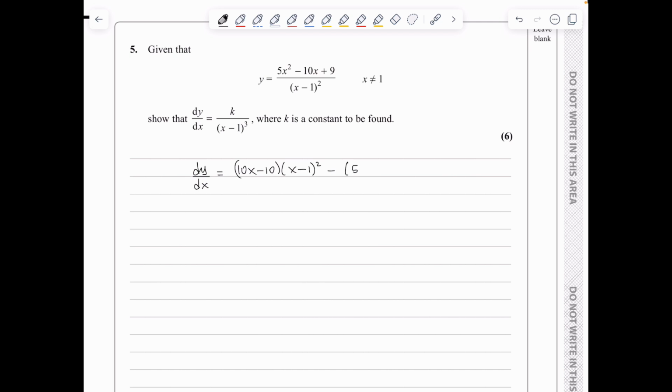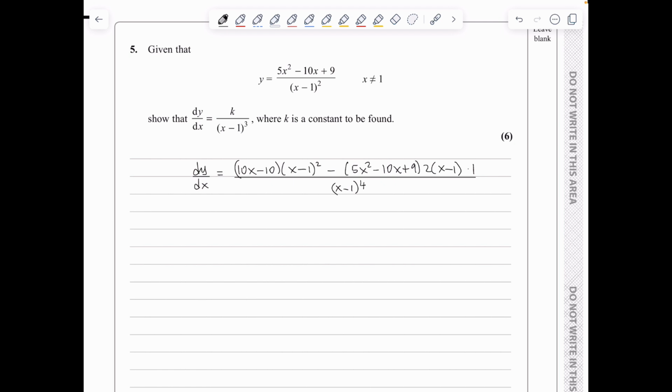minus I keep the top of 5x squared minus 10x plus 9, and I differentiate the bottom of (x minus 1) squared, which means I get the power down, I deduct 1 from the power times the derivative of the bracket, and all of it expressed over the denominator raised to the power of 2. So (x minus 1) squared raised to the power of 2 will give me (x minus 1) raised to the power of 4.